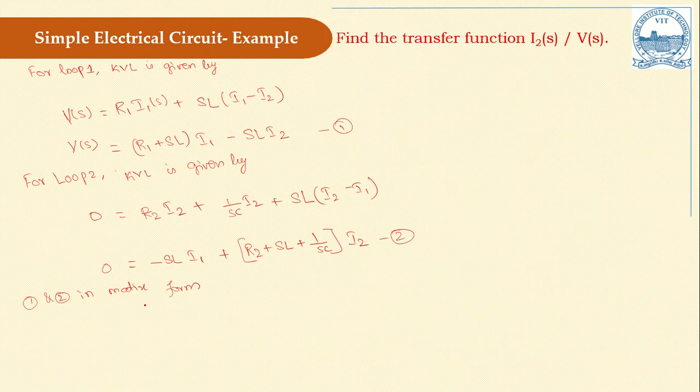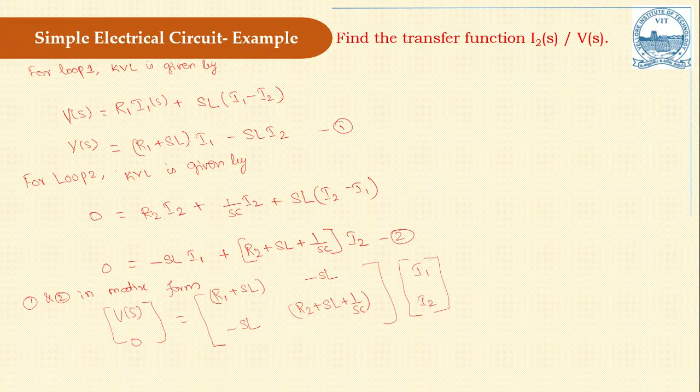So V of s and 0 is equal to, here I have R1 plus SL, and then here minus SL, and again here it is minus SL, and here in this case I have R2 plus SL plus 1 by SC, multiplied by I1 I2. And now in my case what I need is to find out I2, so I can apply Cramer's rule.